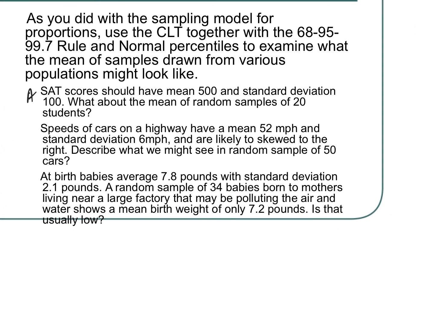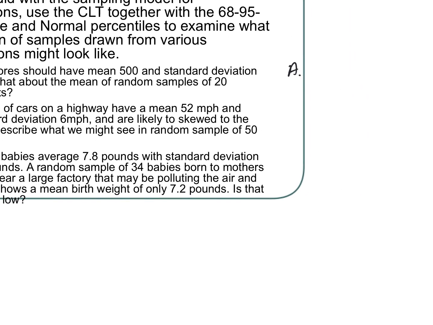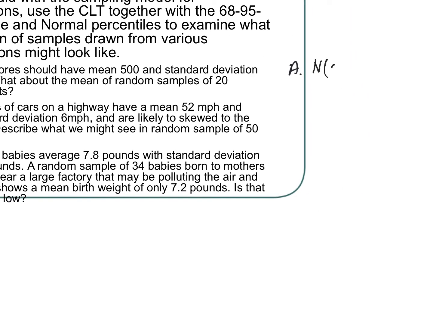So for A, the mean is still 500. My formula for the standard deviation of the sample mean is sigma over the square root of n. The question is, are you given sigma? Then you can use sigma over square root n.